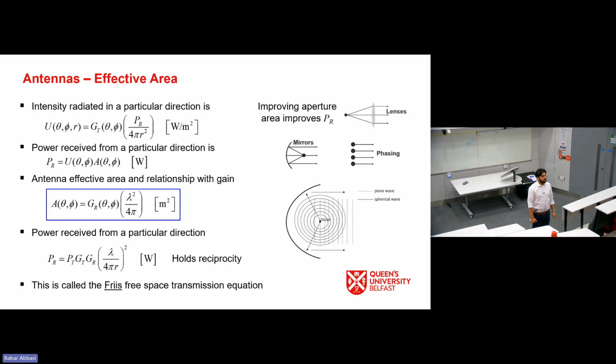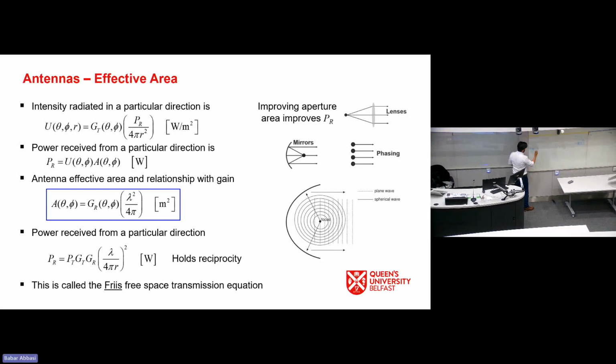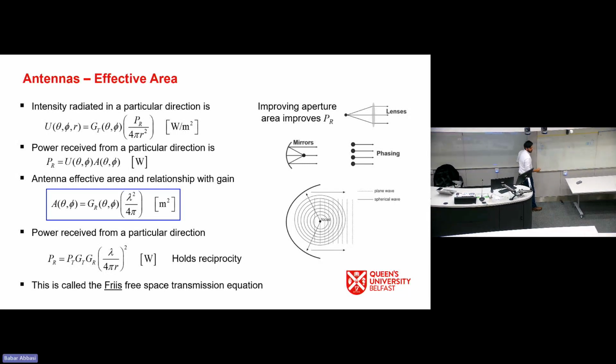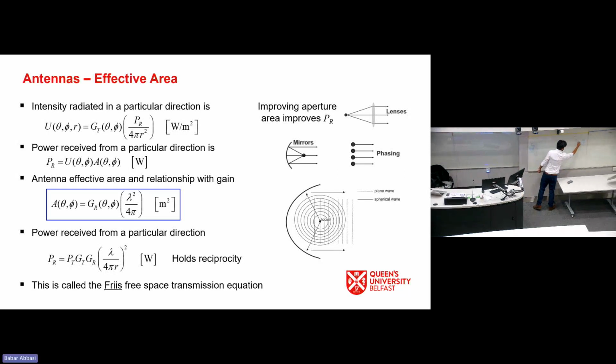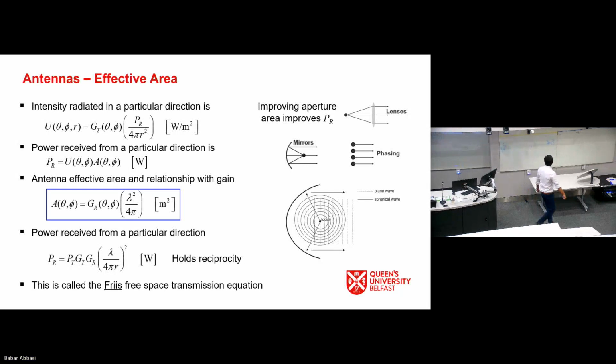PT is the power transmitted, so it's power transmitted from here. GT is the gain of the transmit antenna in the direction. GR is the gain of the receiver antenna, again in the direction.